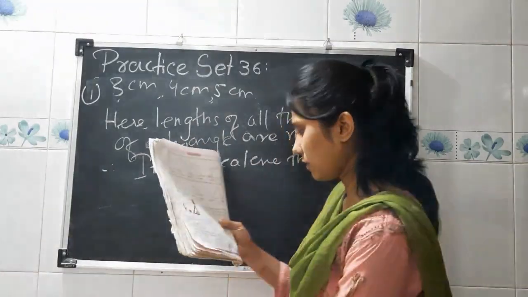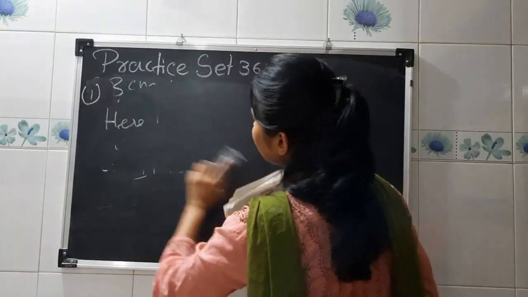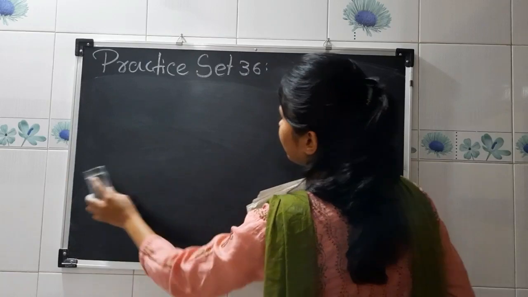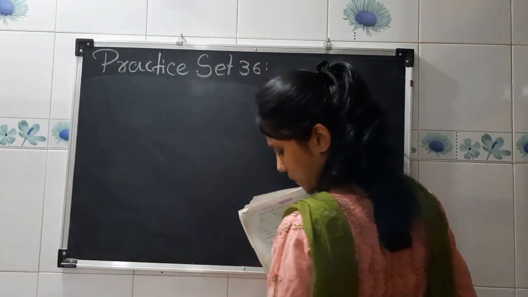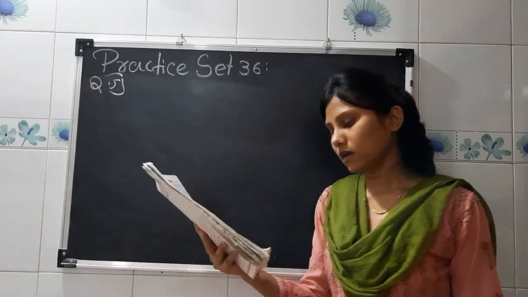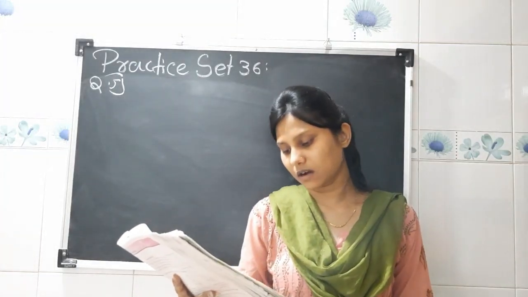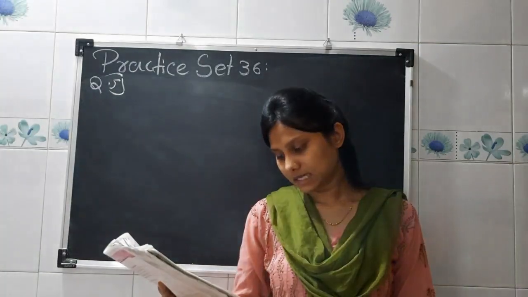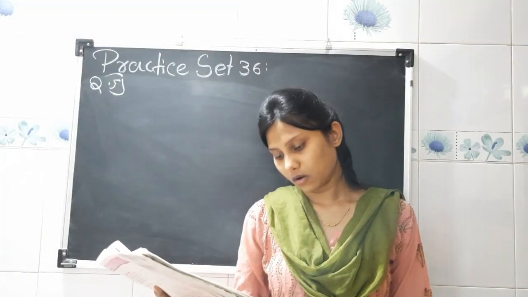Now come to question number 5. The lengths of 3 segments are given for constructing a triangle. Say whether a triangle with these sides can be drawn or not.